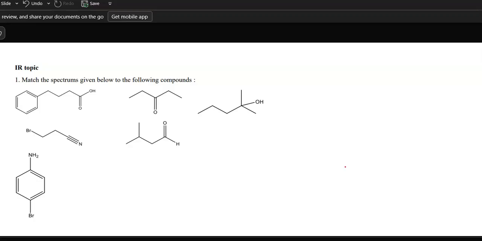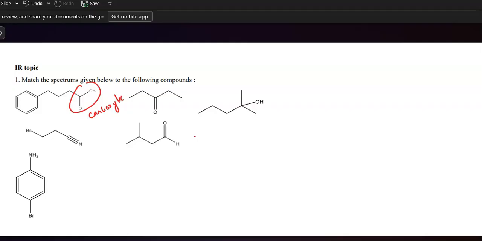It's asking us to match the spectrum with the given compounds. So if you look, we have a carboxylic acid. Carboxylic acids are pretty easy to identify in an IR spectrum because you have that very broad peak in the range at 3,500 centimeter inverse.